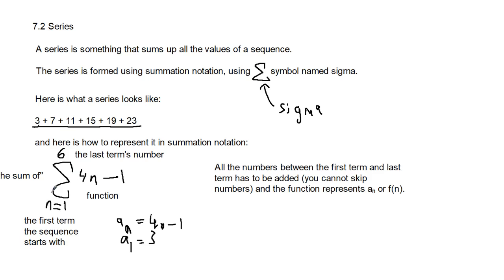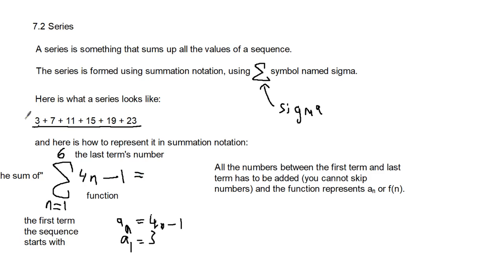And the sigma means the sum of. So it's the sum of the function 4n minus 1 when values of 1 to 6 are put into the function and summed together.